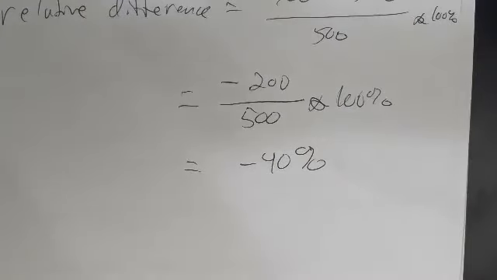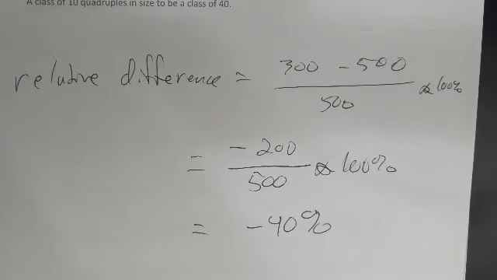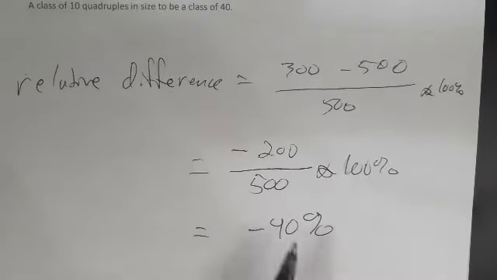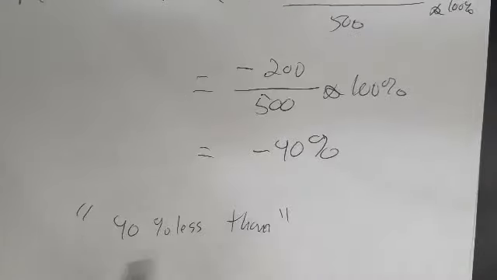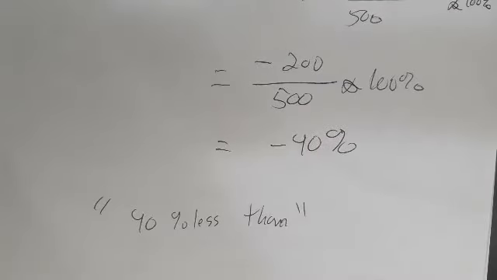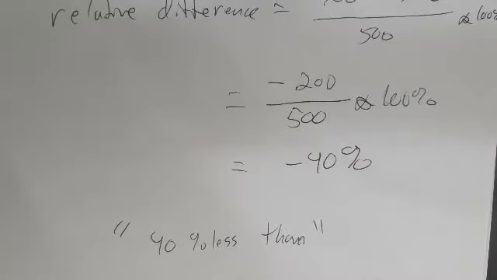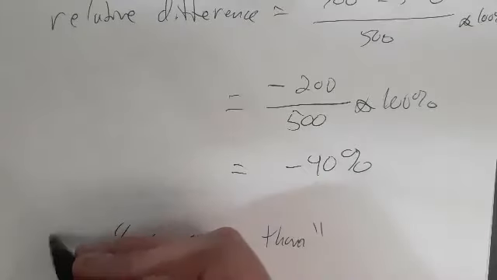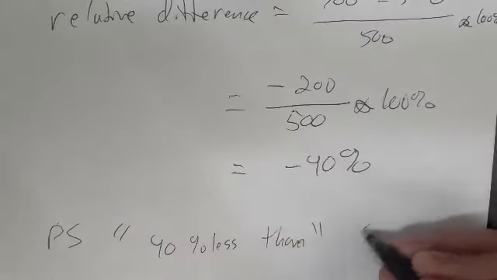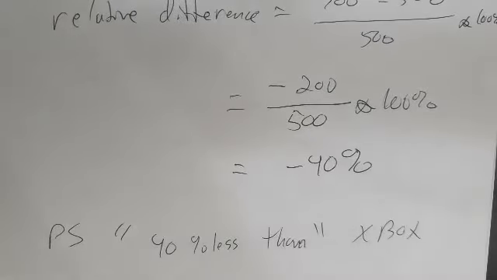We have a minus 40% on this thing. So this thing is going down 40%. So what we would say is that this is 40% less than. Going back to the Xbox, I believe the PS was 40% less than the Xbox, is what we would say here.